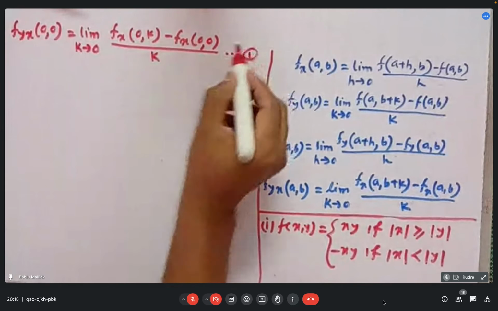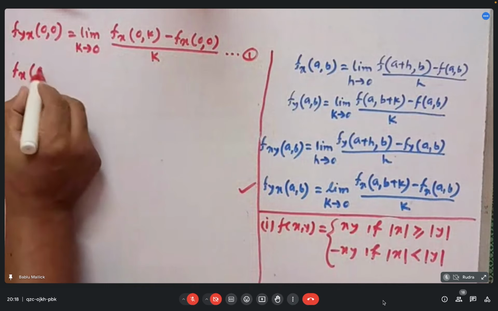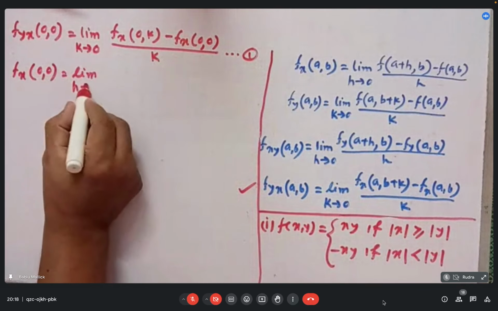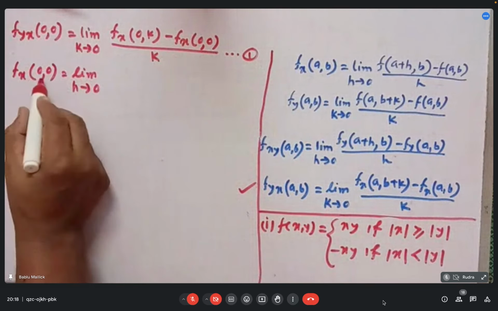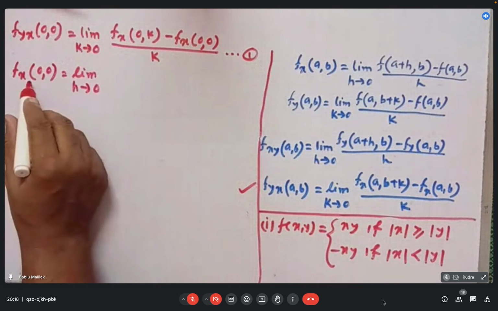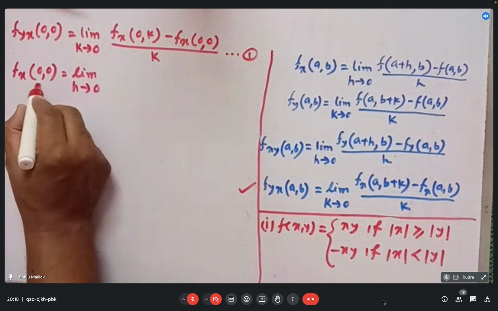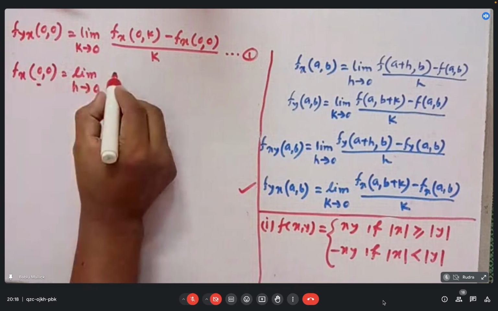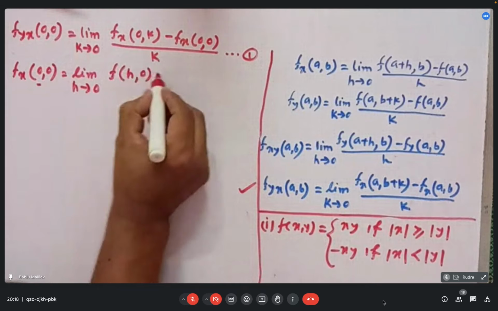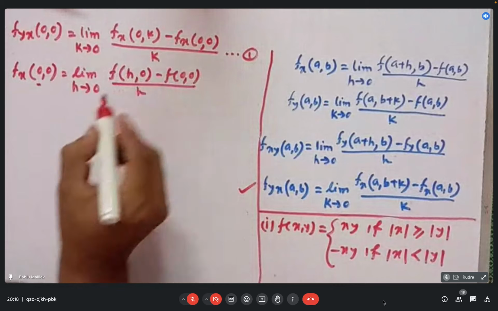This is number 1. Now calculate f x at 0 0. This is limit h tends to 0. We shall consider the increment of the x component, so it is f of h comma 0 minus f of 0 0 divided by h.